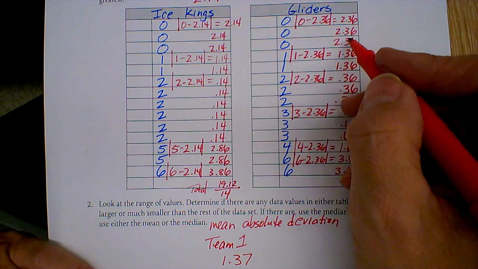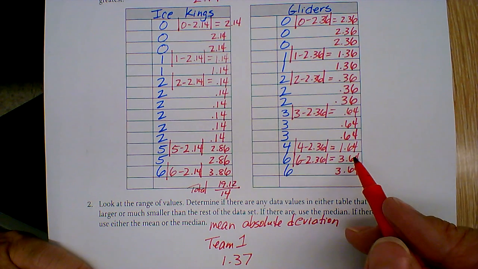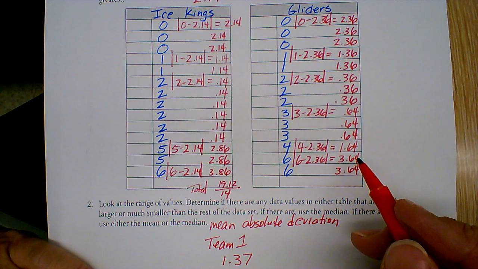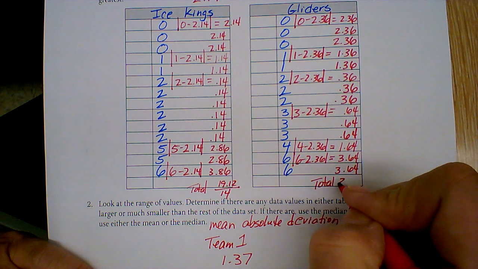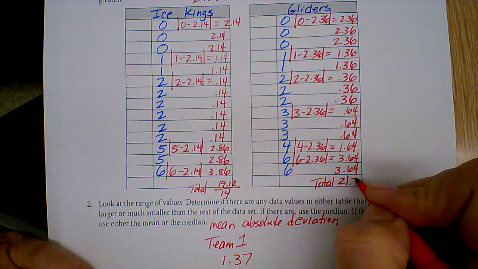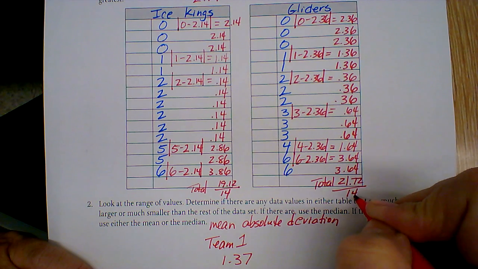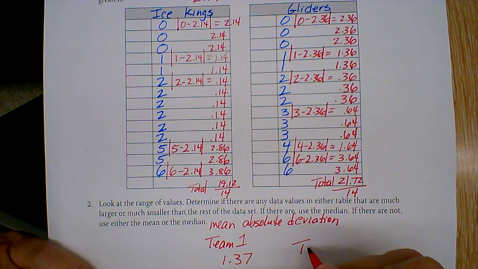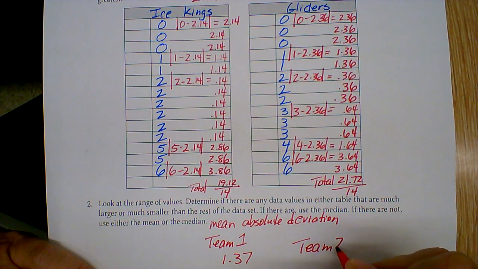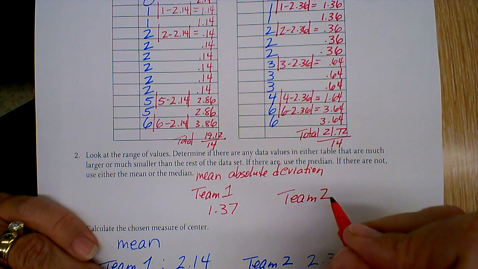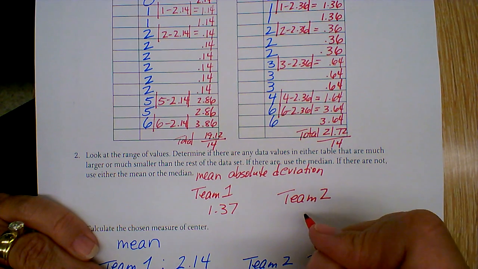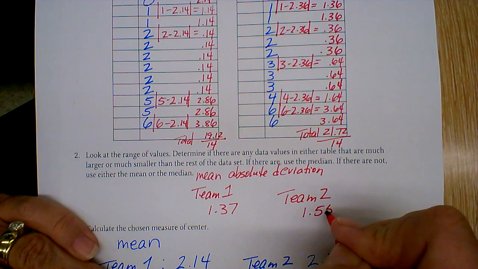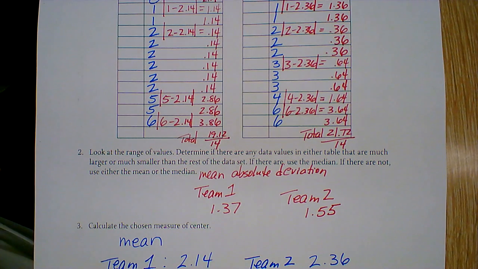Once again, I'm going to total all of these, and for the total I get 21.72. I'm going to divide that by 14. So for team 2, my mean absolute deviation is 1.55.